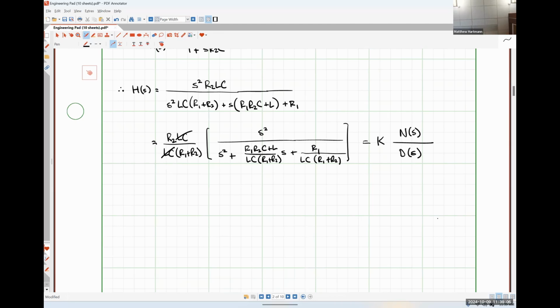So let's talk a little bit about poles and zeros, okay? We talked about this the other day, but let's be a little bit more formal here, okay? So zeros are values of S such that our numerator polynomial n of S is equal to 0, okay?